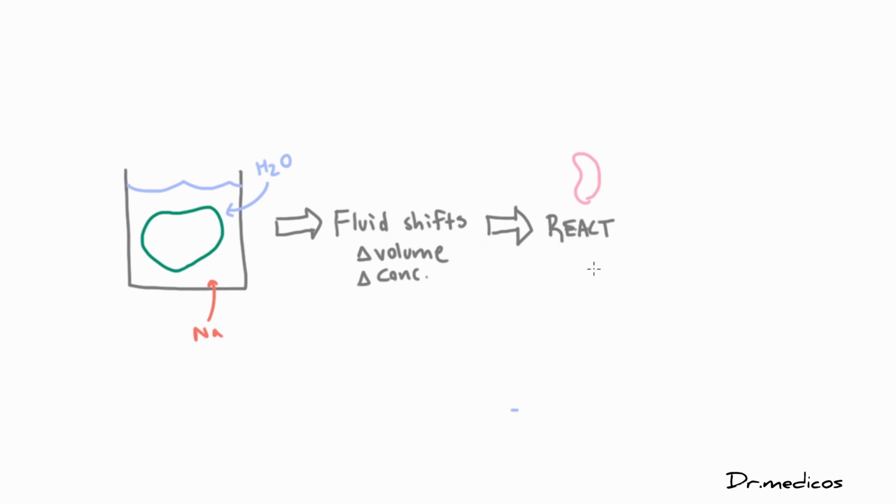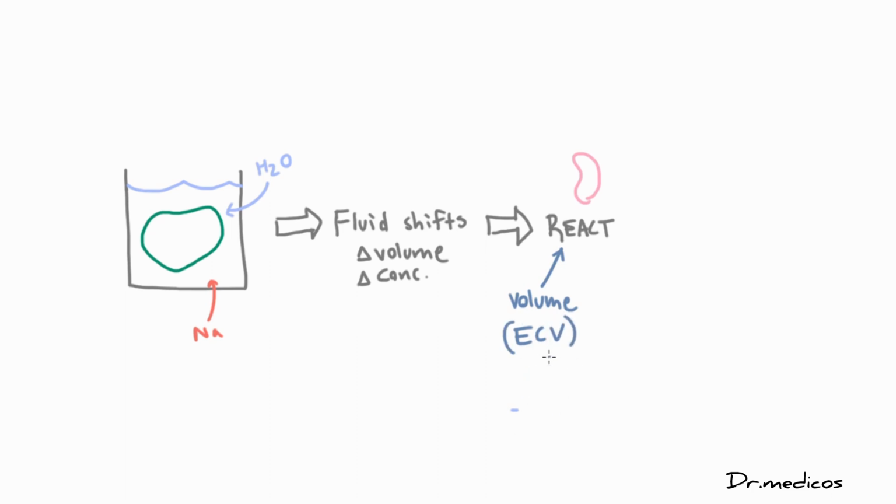The first step to understanding how the kidneys react is to understand that there's two different things that they can react to. The first is right here. It's a change in volume. So if there's a change in volume, the kidney can measure that, and then it can react to undo that. And it's important to specify that when we say volume, we mean specifically extracellular volume.